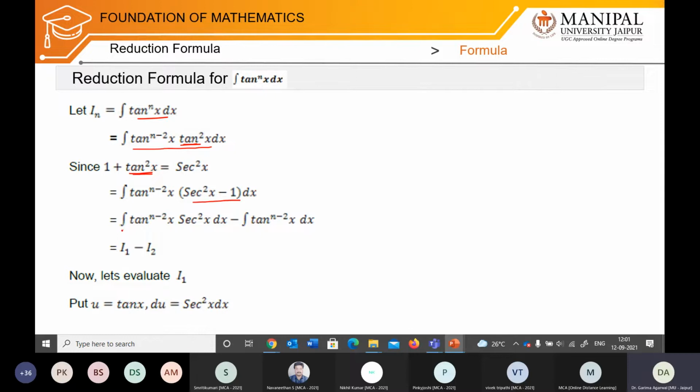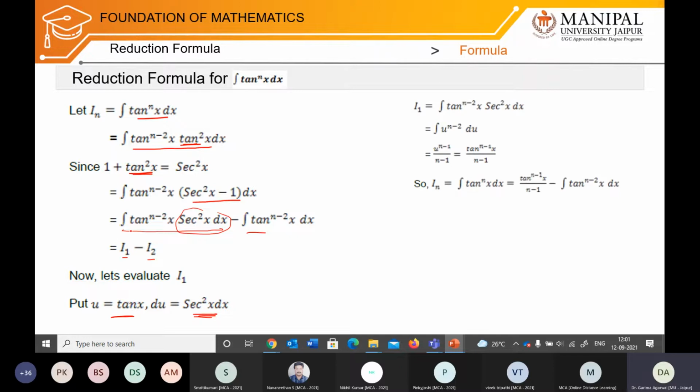We can write this first integration as I1 and the second integration as I2. To find the integration of first step, let tan x equal u. So sec square x dx will be du. This term will be du and it is u raised to n minus 2. Right? We can easily integrate this term u raised to n minus 2 and then we'll again substitute the value of u, that is tan x. Right?